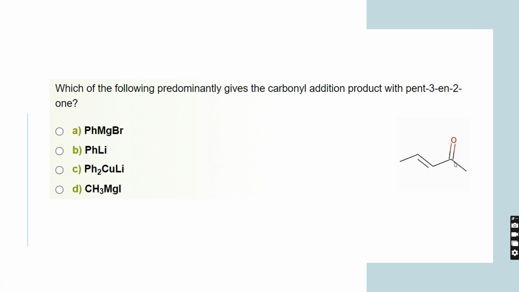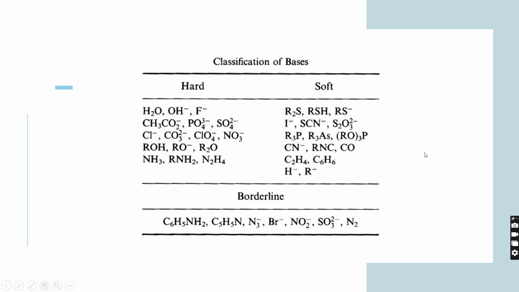To solve this question, if you remember, Professor Harinath Chakrapani has taught in his video lecture about hard soft nucleophiles. That hard soft nucleophile video will help you in solving this question. But to summarize that video, here is a list of hard and soft and also borderline nucleophiles.